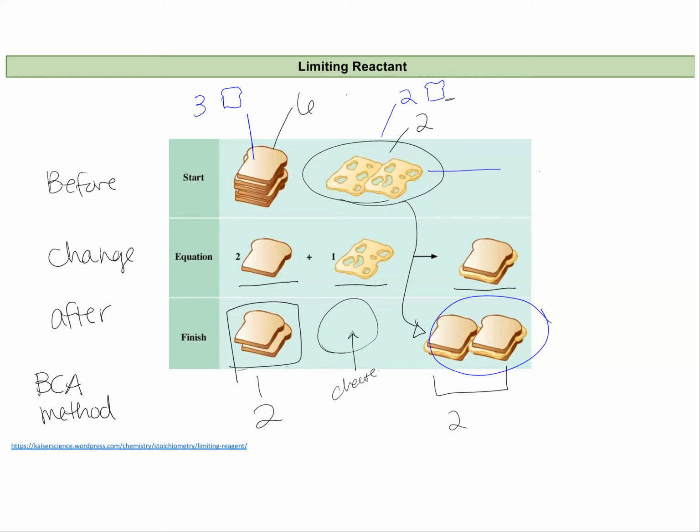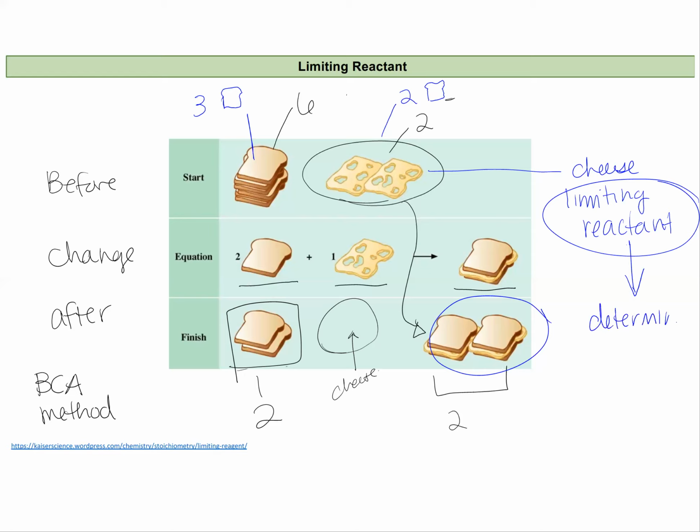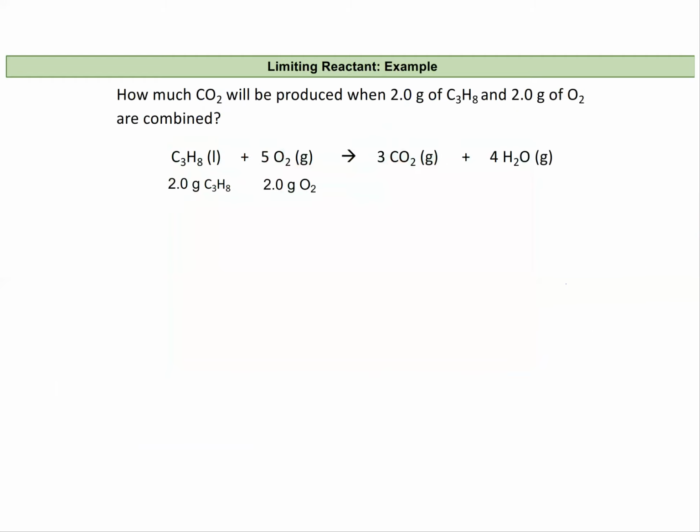And so here, the cheese is what we would call a limiting reactant. It determines the amount of product that forms. So this means we need to be able to predict based on the limiting reactant, and we'll need to identify that limiting reactant in our problems.